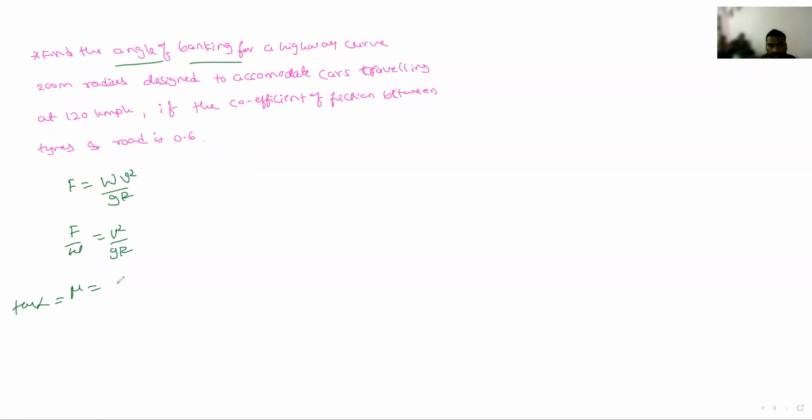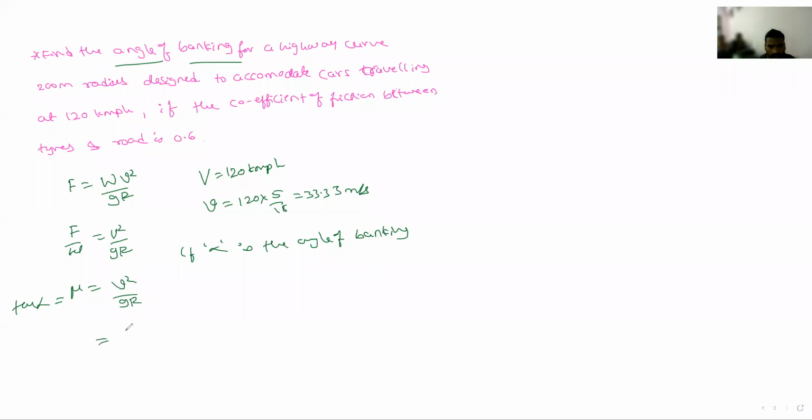Capital V is given, 120 kmph. So determine small v: 120 into 5 by 18, that is 33.33 meter per second. If alpha is the angle of banking, then tan alpha is equal to V square divided by gR.